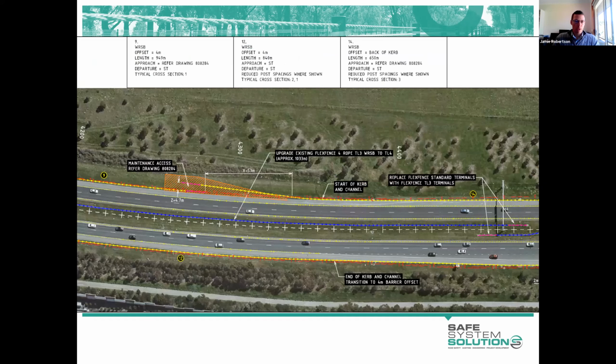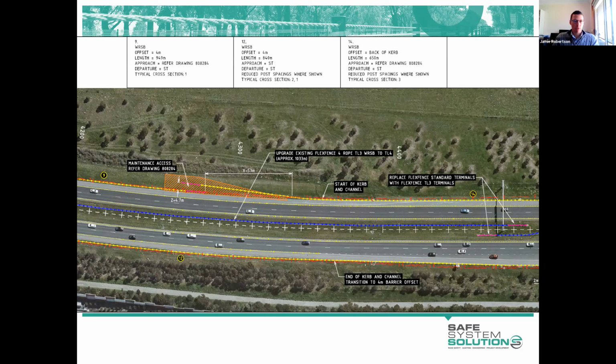And another drawing of a retrofit project. This was a continuous barrier design job on a freeway near Melbourne. So the art of continuous barrier design often comes down to where do you locate your breaks in barrier. How do you coordinate those with access points for maintenance or gateways and so on?